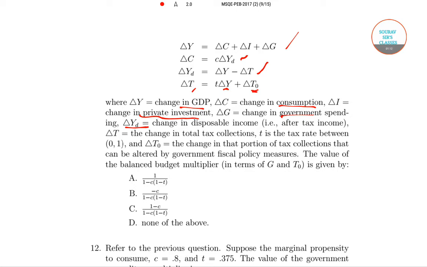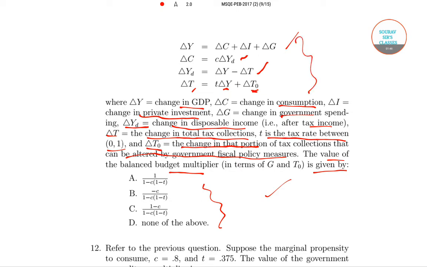Change in yd is change in disposable income, that is after tax income, and change in t is the change in total tax collections, where t is the tax rate between 0 and 1, and change in T0 is the change in that portion of tax collections that can be altered by government fiscal policy measures. The value of the balanced budget multiplier is given by these four options. So we have to find the value of the balanced budget multiplier given this information.